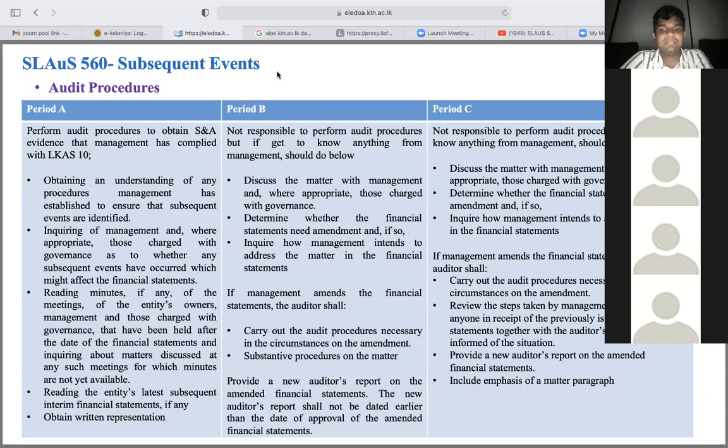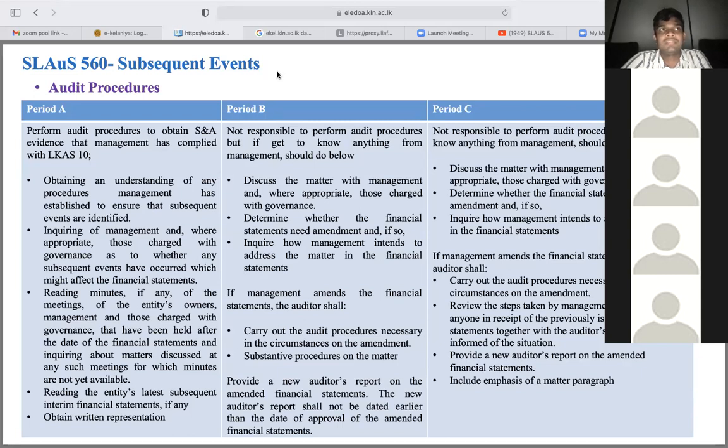So the rationale behind having the emphasis of matter paragraph is, as an auditor we need to inform the shareholders that we are issuing a new audit report, and the last audit report issued by the auditor is not valid. So the new one is the valid audit opinion. If there's any big deviation in the financial statement and people are taking decisions using the previous annual reports, those decisions will sometimes go wrong because of the wrong audit report.